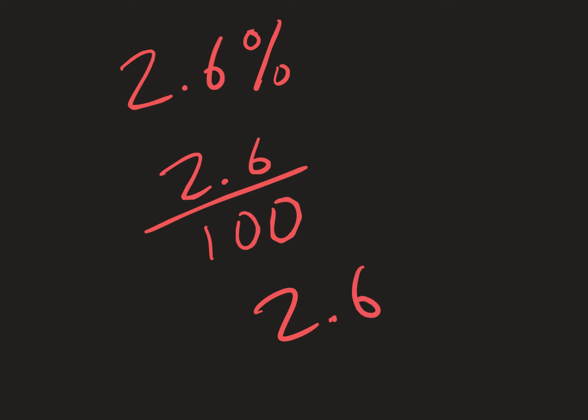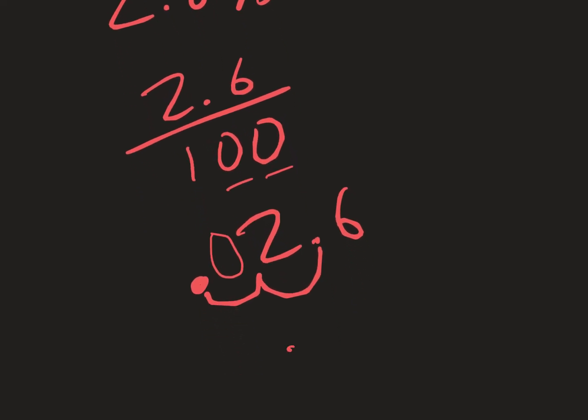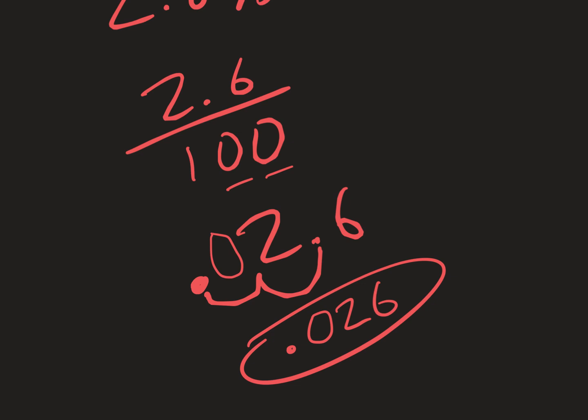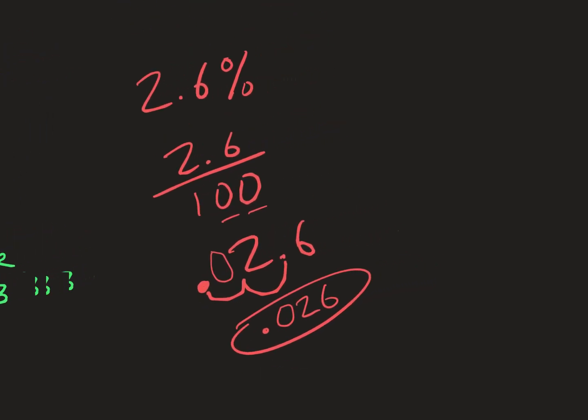If I'm dividing, my decimal point is going to go to the left twice because there are 2 zeros. 1, 2. My decimal point now moves there, and I put a 0 where there's an empty space, so my final answer is 0.026 for 2.6% into a decimal.